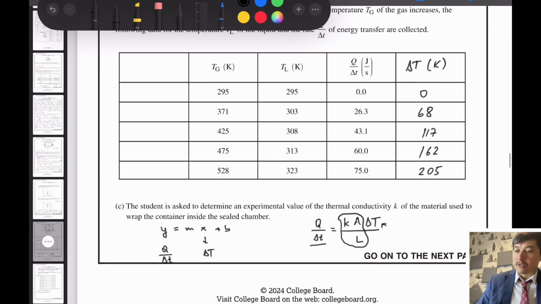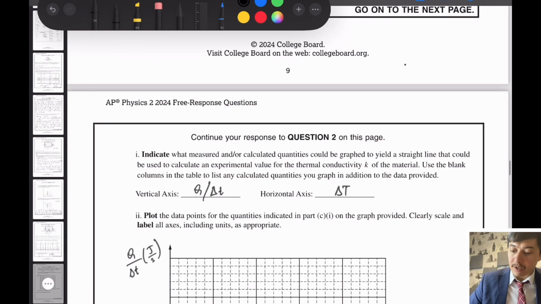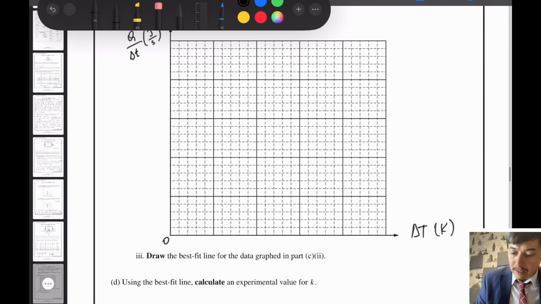What is the range for change in temperature? Difference in temperature is from 0 to 205, and for energy transfer rate it is from 0 to 75. Good. So both of the cases start from 0, goes to 200 on horizontal axis, so we can say 50, 100, 150, 200, and from 0 to 75 we can do 15, 30, 45, 60, and the last line would be 75.